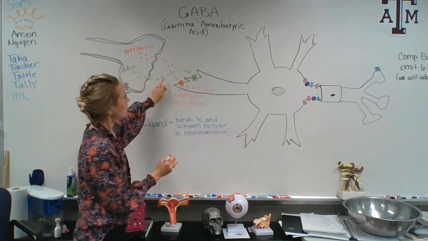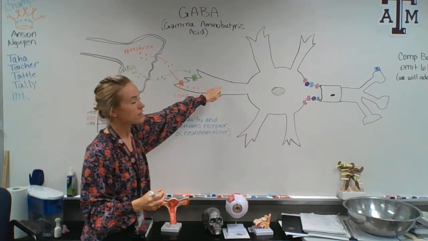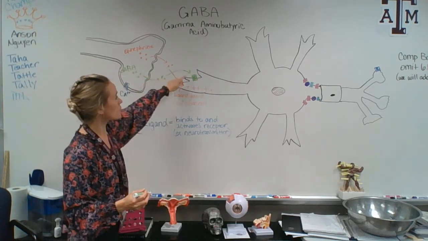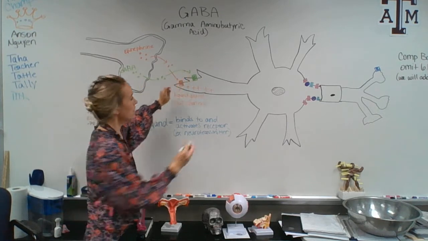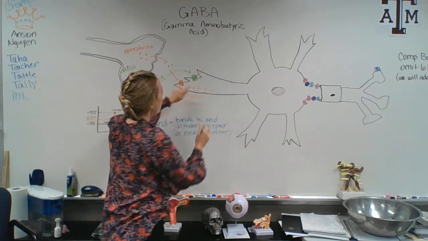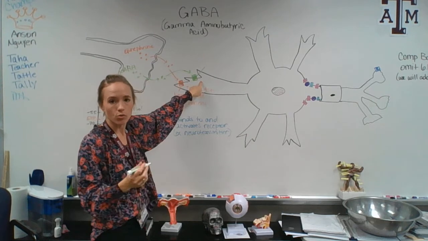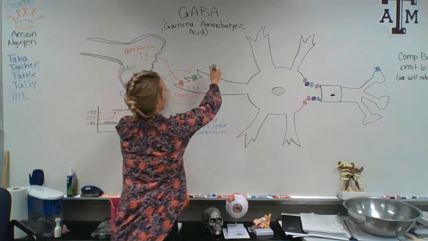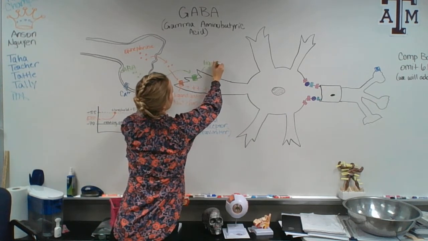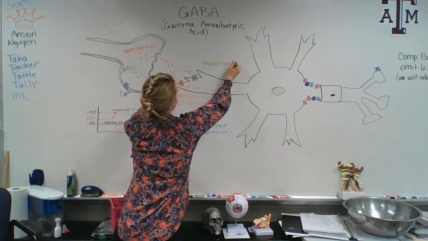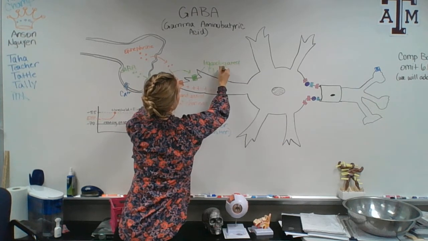So again, GABA never enters this cell. It binds to the receptor and opens the channel. And only chloride can go through this channel. It's a ligand-gated chloride channel.